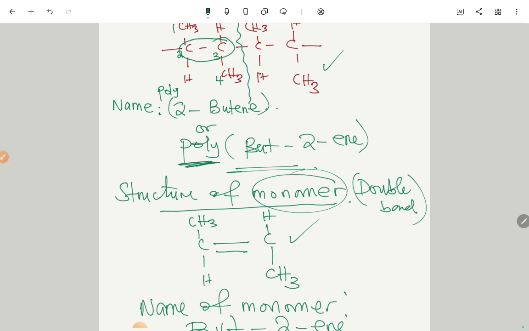Because of that, the monomer has a lower melting point and boiling point compared to the polymer. The polymer will have a higher melting point due to the fact that it has a great number of carbon atoms. Okay, this is where I end.